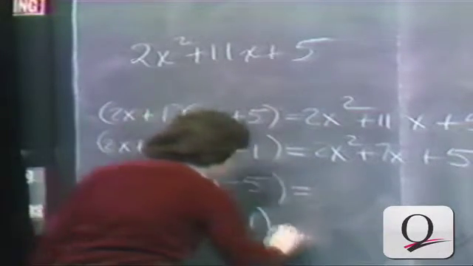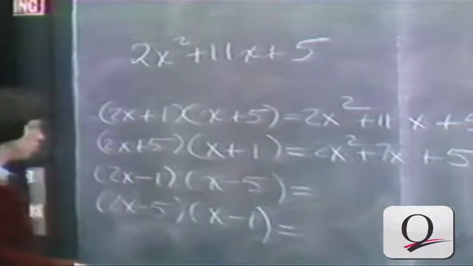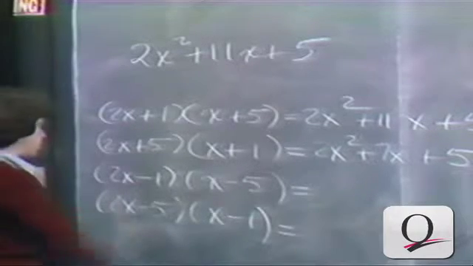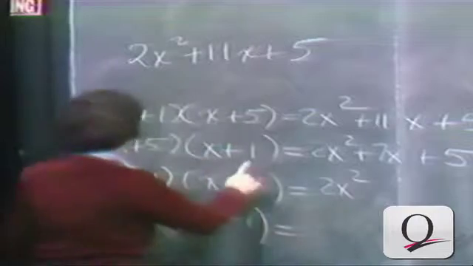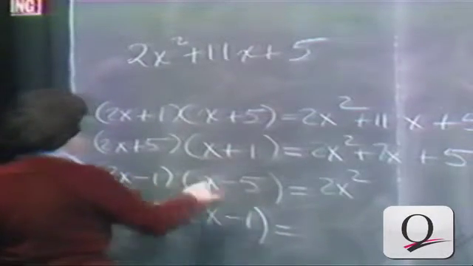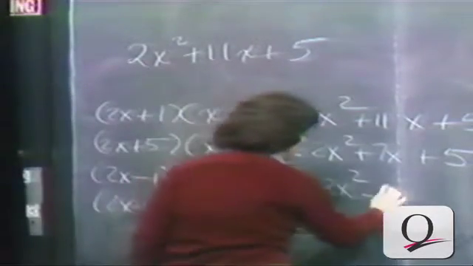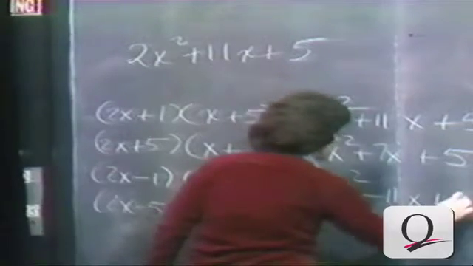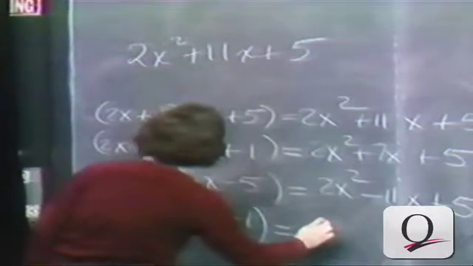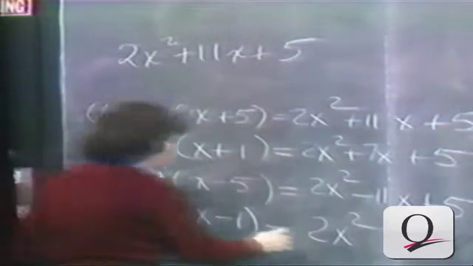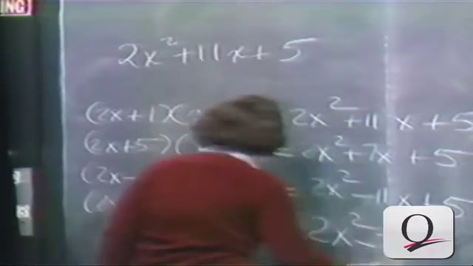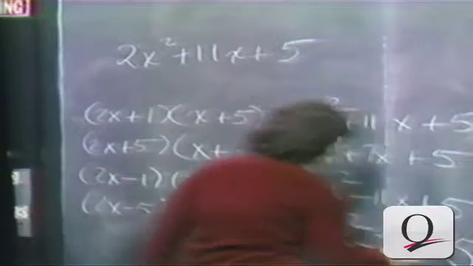And although we eliminated these from consideration because they give you a negative for the second term, let me just list them so you'd see them. 2x squared minus 10x minus 1x, that's minus 11x, also plus 5, and the last one, 2x squared minus 2x minus 5x, minus 7x plus 5.